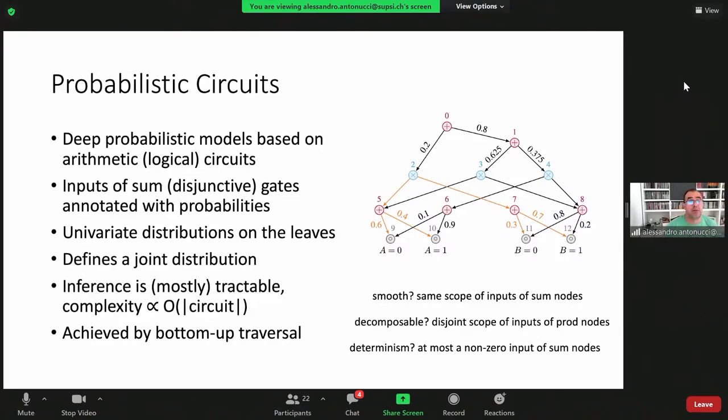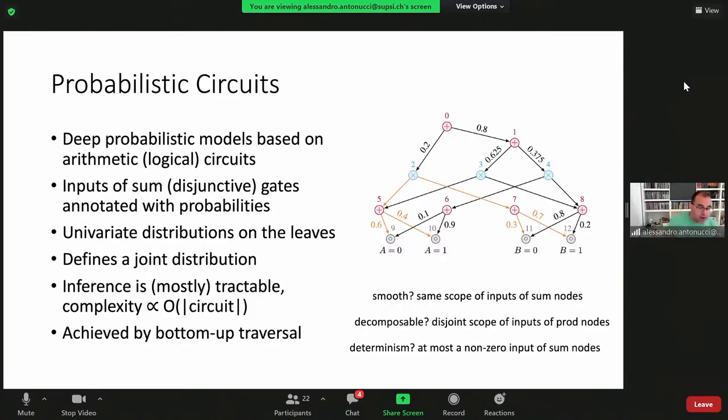The sum nodes are annotated with the values of a probability mass function, and on the leaves of the circuit we have univariate distributions. For instance, this node number 5 has a probability of 0.6 for A equal to 0 and 0.4 for A equal to 1. In this way, you can build a multivariate model and define a joint probability mass function.